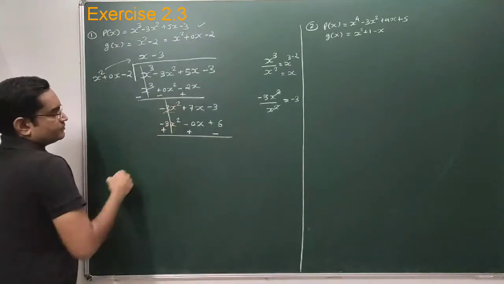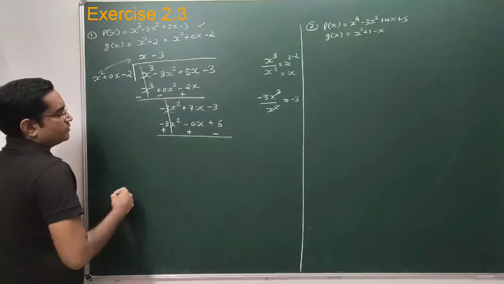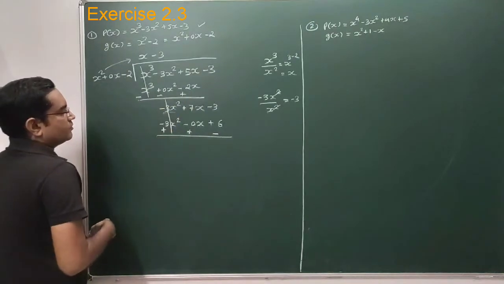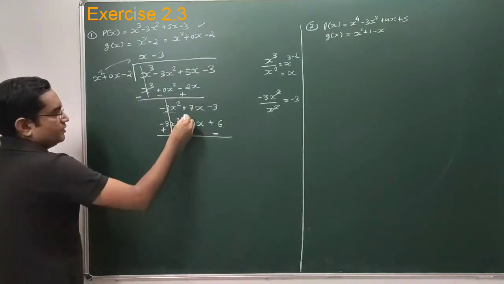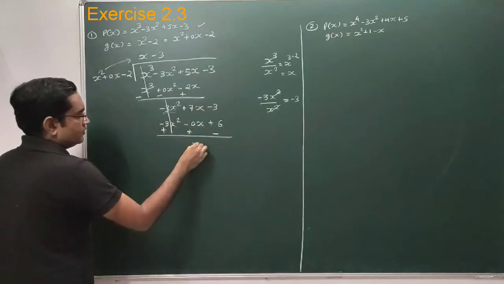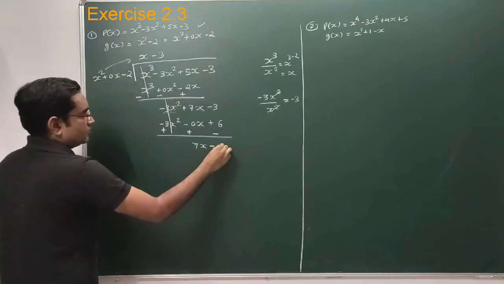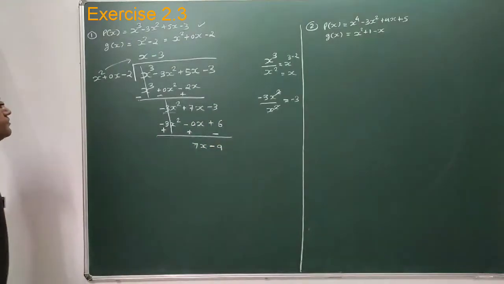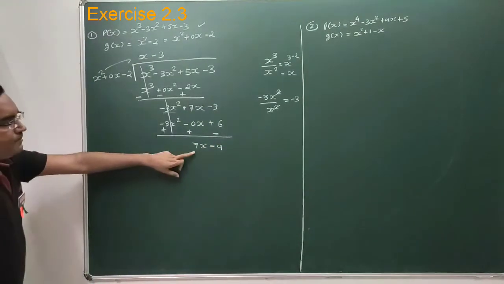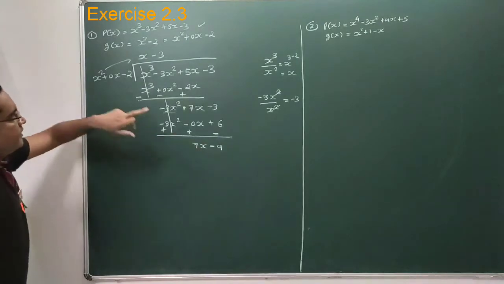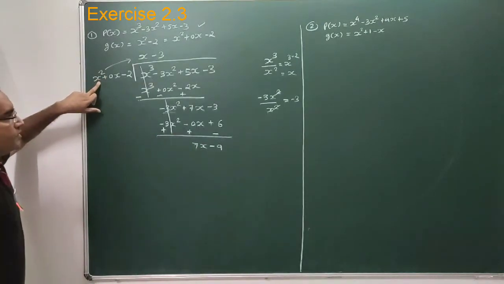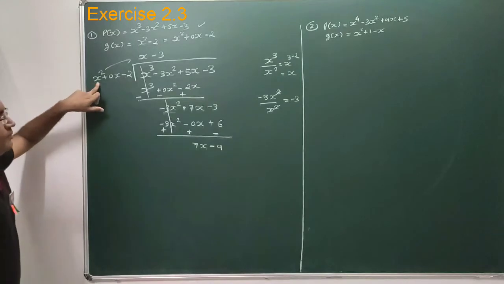Minus 3x square plus 3x square, equal terms with different signs, will be cut. 7x plus 0x is 7x, and minus 3 minus 6 is minus 9. Clear? Now the degree of this remainder is less than the degree of the divisor, so this 7x cannot be divided by this one.